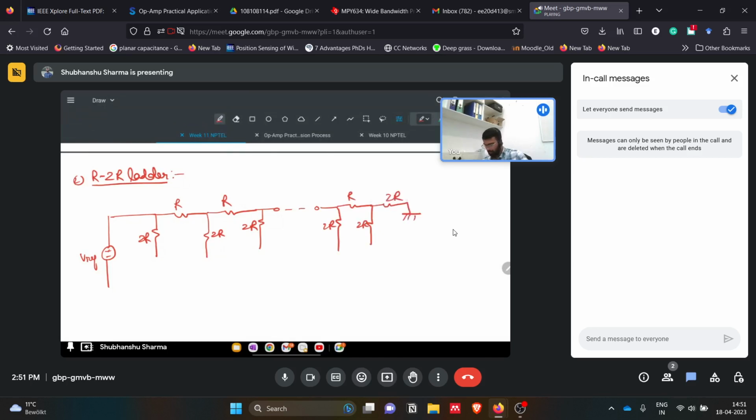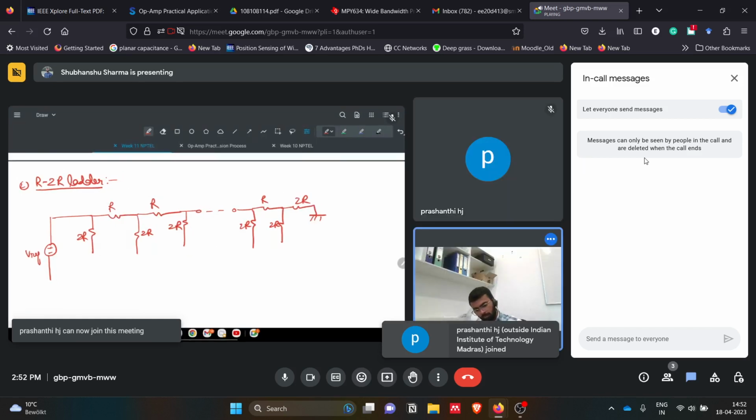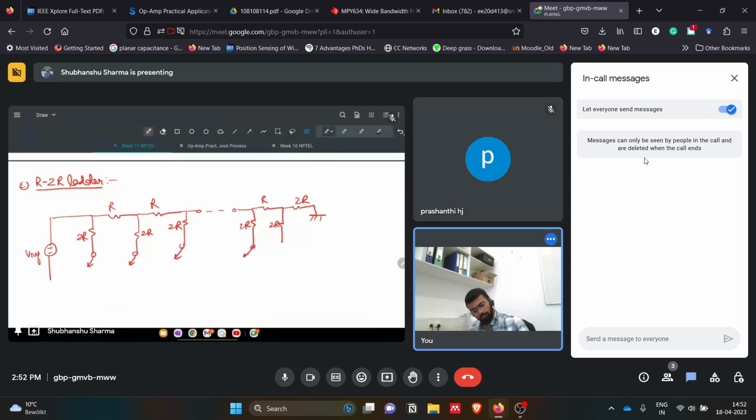We have 2R here, and then we have a switching circuitry, which will switch based on the digital input which we are giving, b1, b2, b3, bn minus 1, bn.